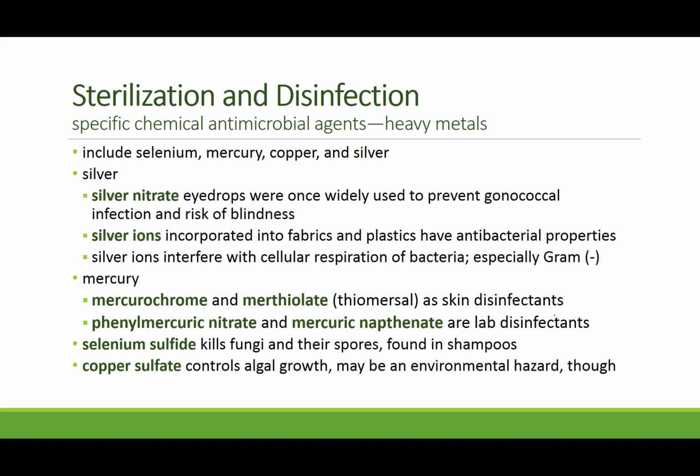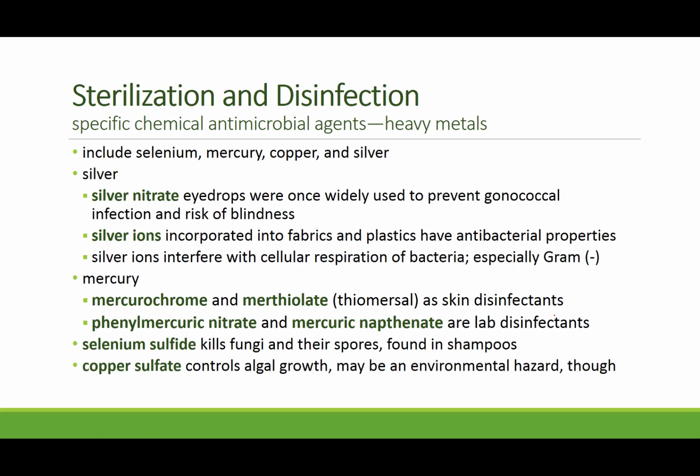The new merthiolates are mercury-free, and they used to use thimerosal in vaccines and in eye contact lens solutions and eye drops. We're seeing less and less thimerosal being used, just because we recognize that mercury has some real issues. You can get mercury poisoning, which affects nervous system function.